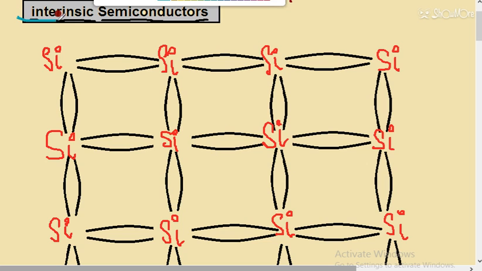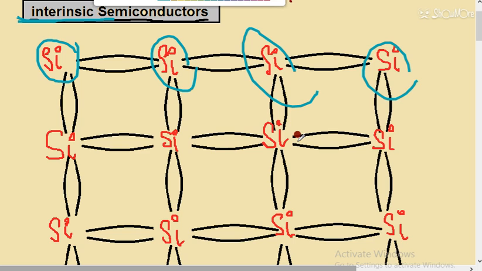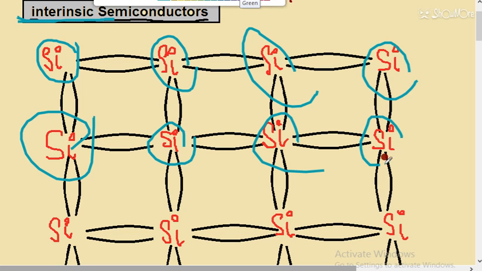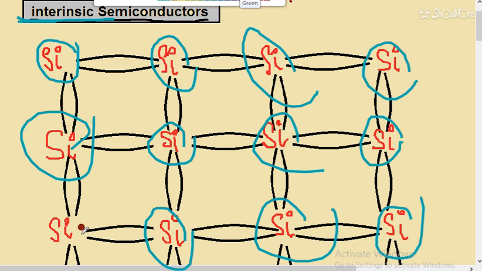What do you mean by intrinsic? Intrinsic is a semiconductor in which all the atoms are the same, like silicon. All the atoms have the same configuration, like silicon is present here. So every atom is silicon.